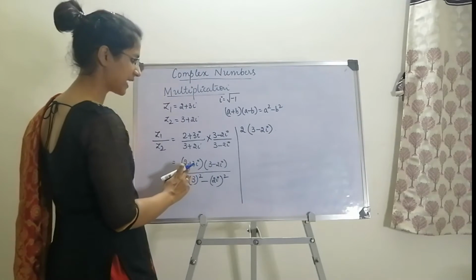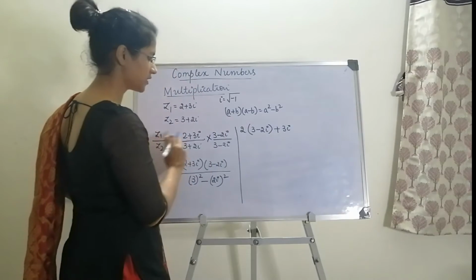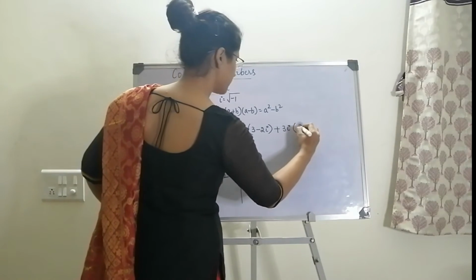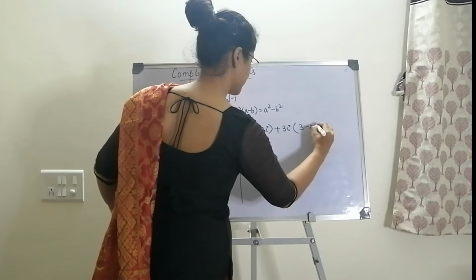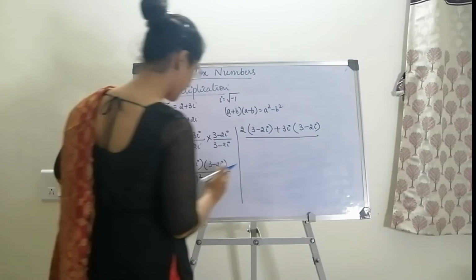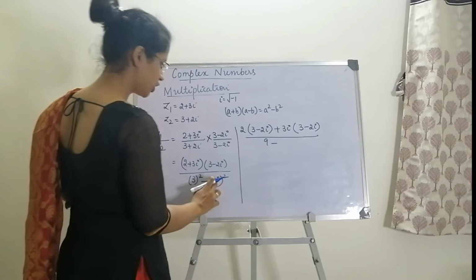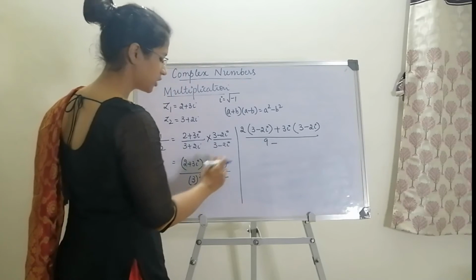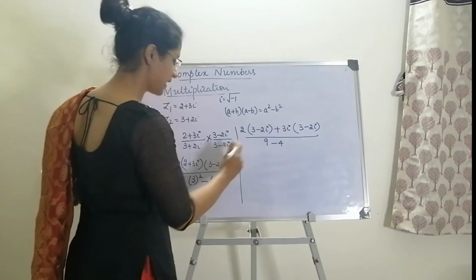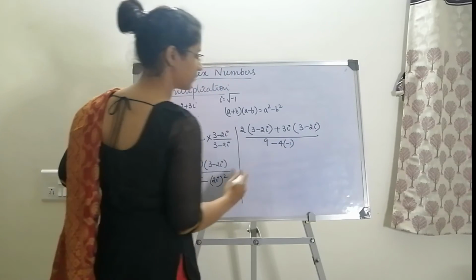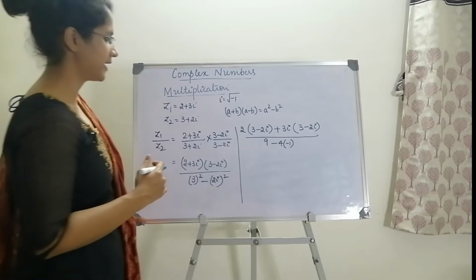Then the second term, plus 3i, of the first bracket is multiplied with the second bracket, divided by 3 square as 9 minus (2i) the whole square. 2 square is nothing but 4, and i square is nothing but minus 1. So I get this as minus 4 into minus 1.